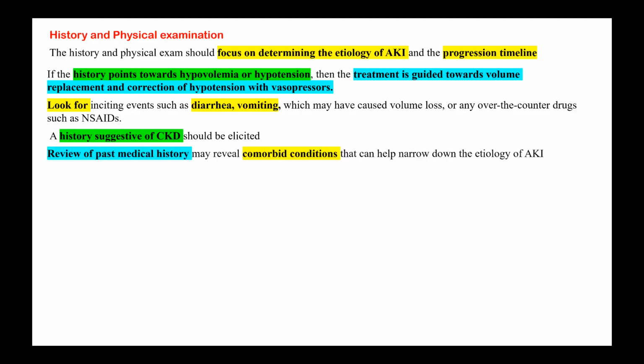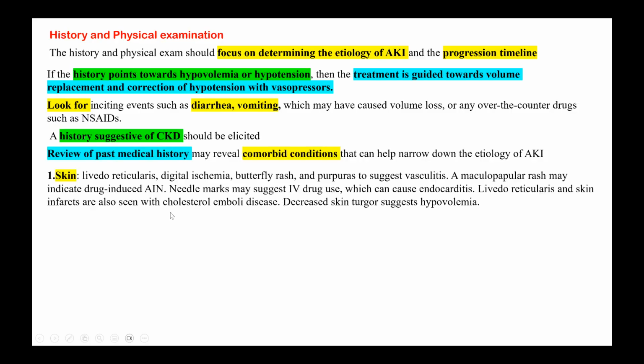There you have to be worried about this. Then review the past medical history and comorbidities, especially if a patient is a known diabetic or hypertensive, and if he comes to the ICU for some reason, then there may be more chances of AKI. You have to be very careful with that.